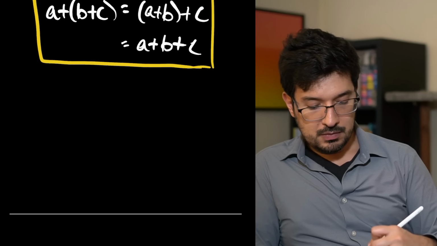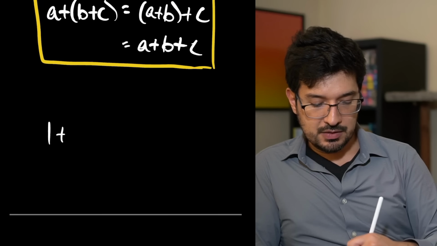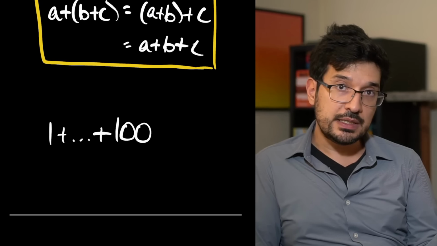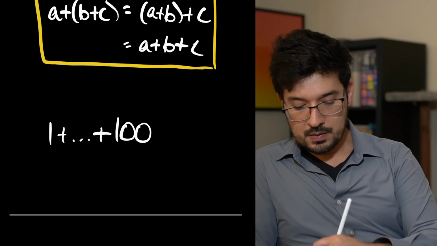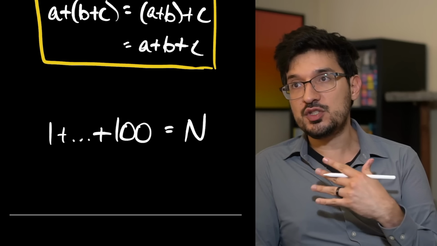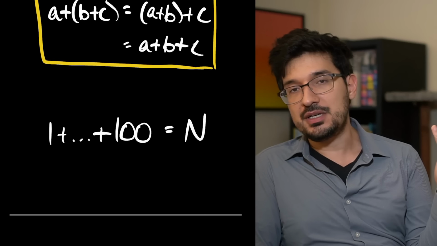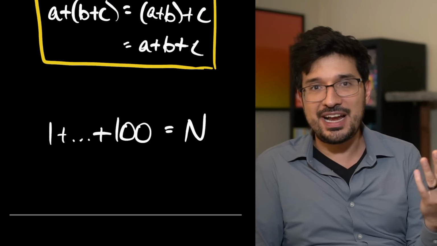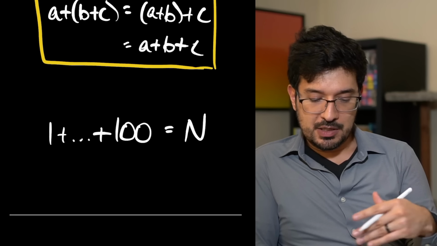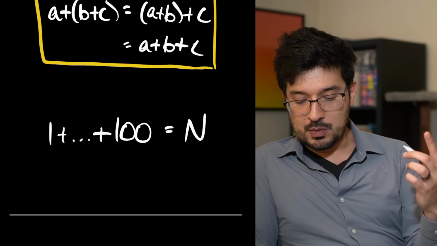So the challenge was to find the sum of the first 100 numbers. Gauss said, let's call that n. Whatever it is, there's some number, and that's the answer. Maybe I could use the letter A for answer, but I'm going to add all the numbers, and that equals something.